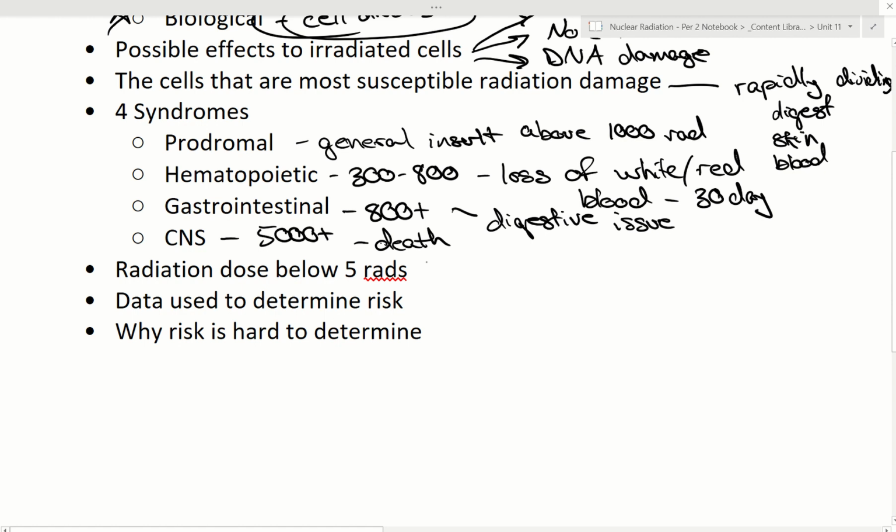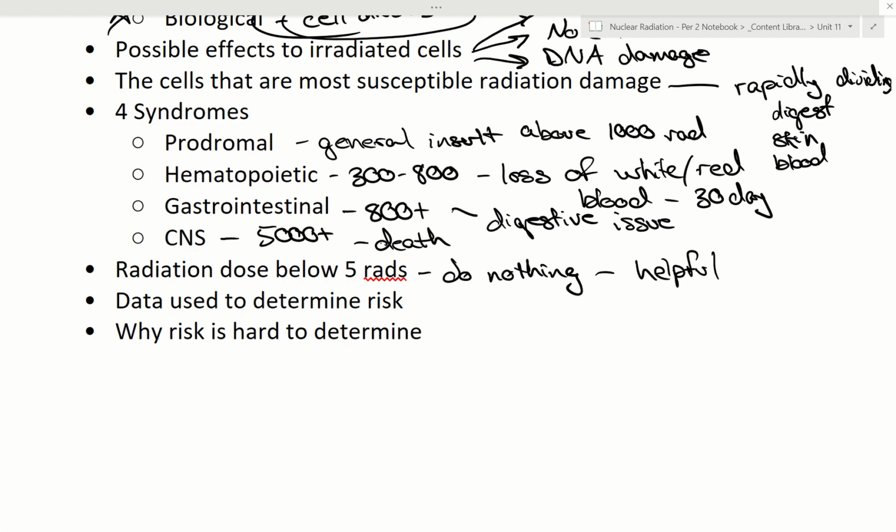Radiation dose below 5 rads, typically they do nothing. But some scientists believe that they could be helpful. So they could do nothing, but they also might actually help you.